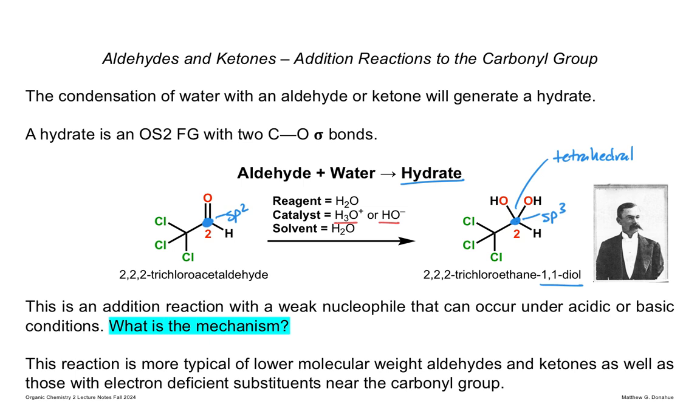So that's a hydrate. And so on the next slide, we'll draw the mechanism under both acidic and basic conditions so that you get used to seeing how really what's important is PT, so proton transfer.